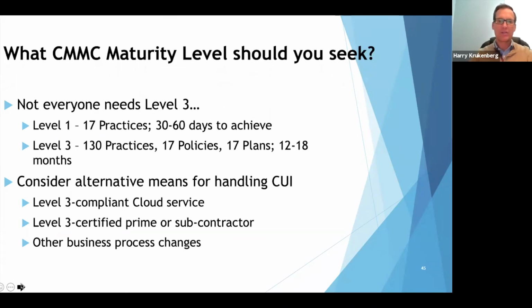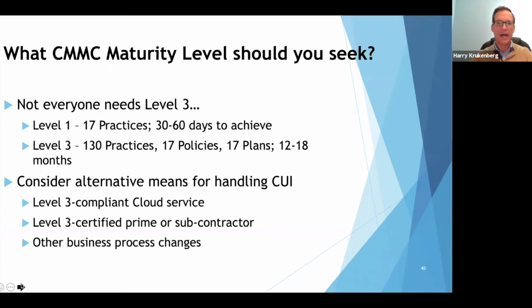And those plans have to demonstrate that you have been and that you are appropriately resourcing each of those 17 areas, that you've been doing it over a period of time, that you're assigning personnel to work those tasks within your organization, and that it's truly become part of your standard practice and culture to do all of these things and focusing on all of these policies. And as James mentioned, it's all or nothing. So a significant difference between level 1 and level 3.